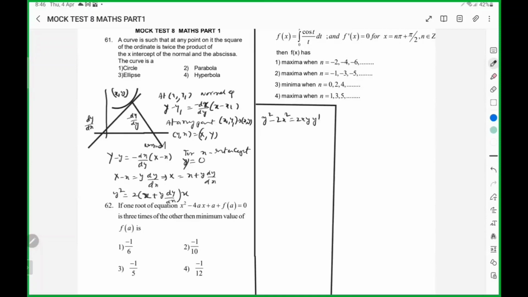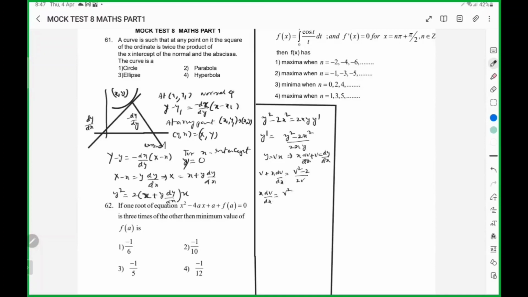2xy y dash. Y dash is dy by dx. Take y as vx. So x dv by dx plus v is dy by dx. V plus x dv by dx is v square minus 2 by 2v.